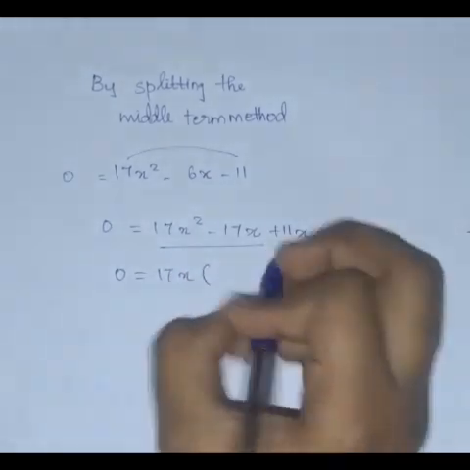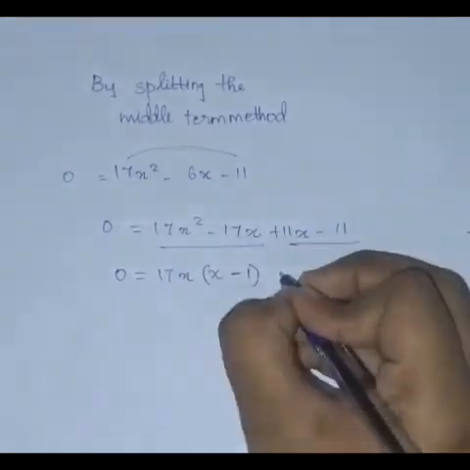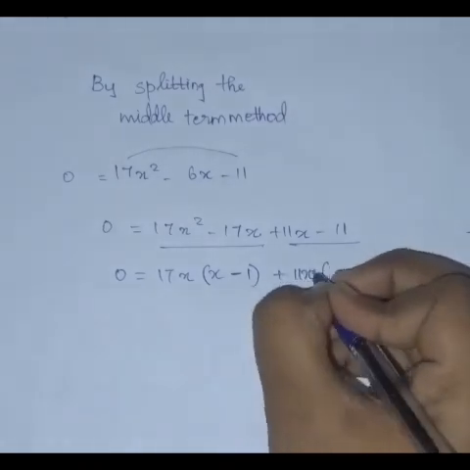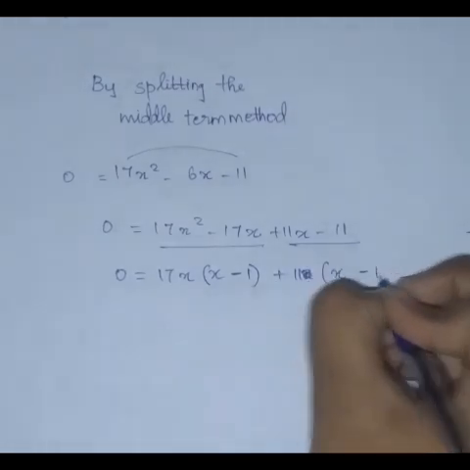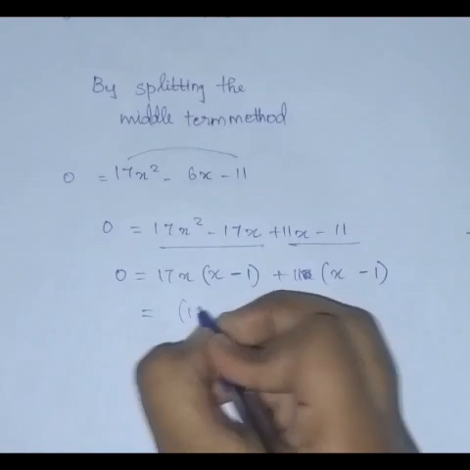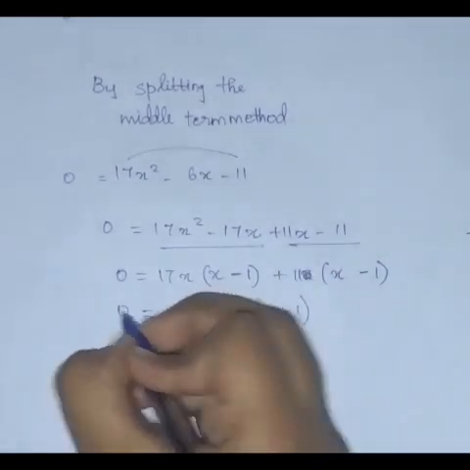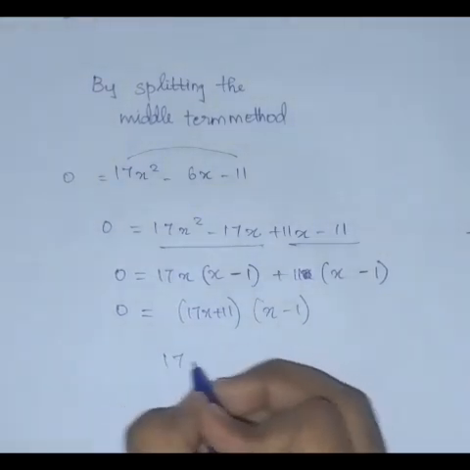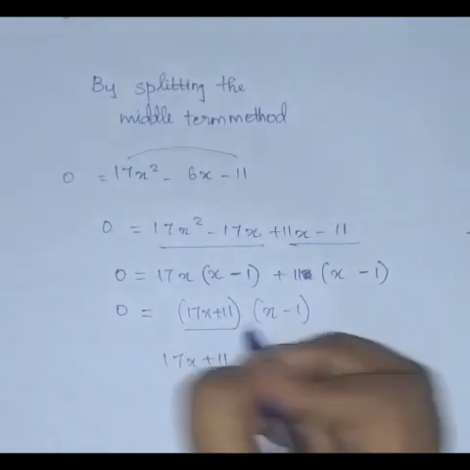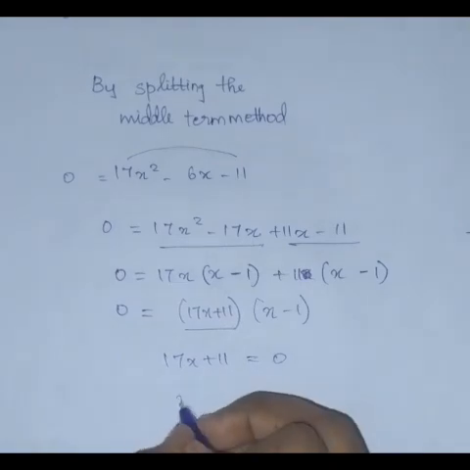Taking 17x as common, we would get x minus 1, and here 11 as common, we would get x minus 1 in our bracket. Then x minus 1 and 17x plus 11 is equal to 0.